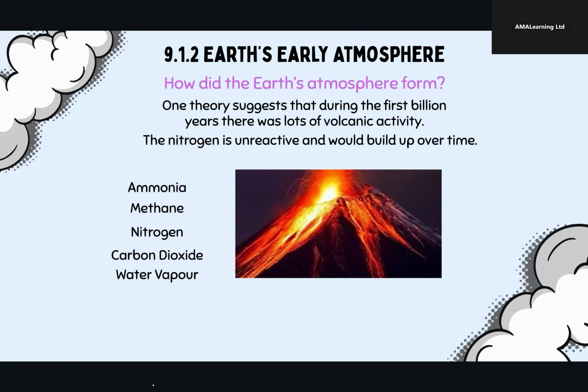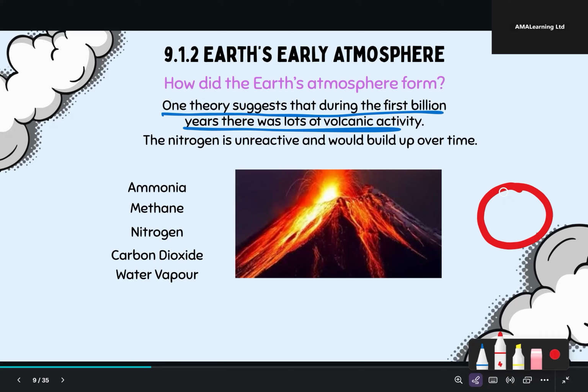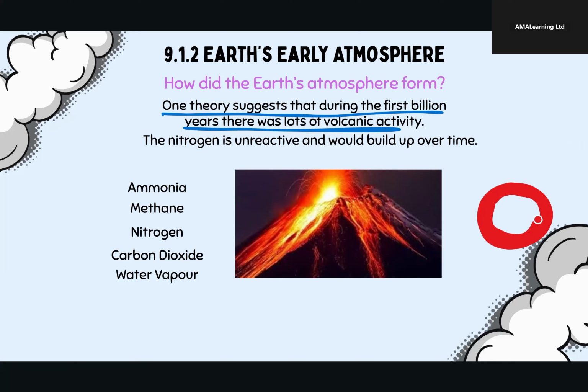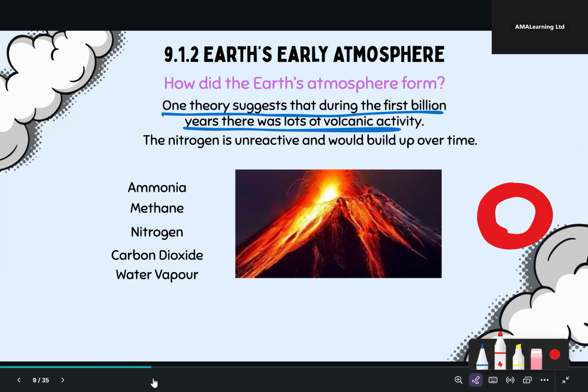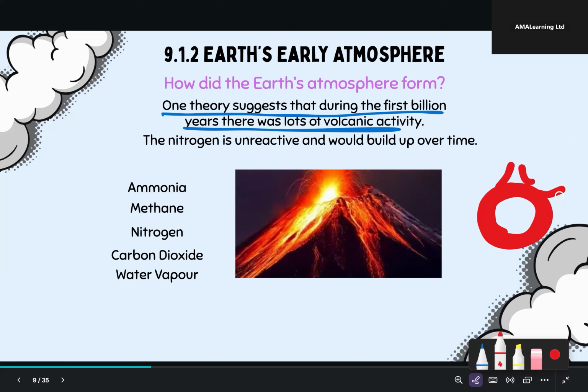One theory suggests that during the first billion years, there was lots of volcanic activity, meaning under the Earth, it would have been very volatile because of the sheer heat, which would have led to lots and lots of volcanic activity.